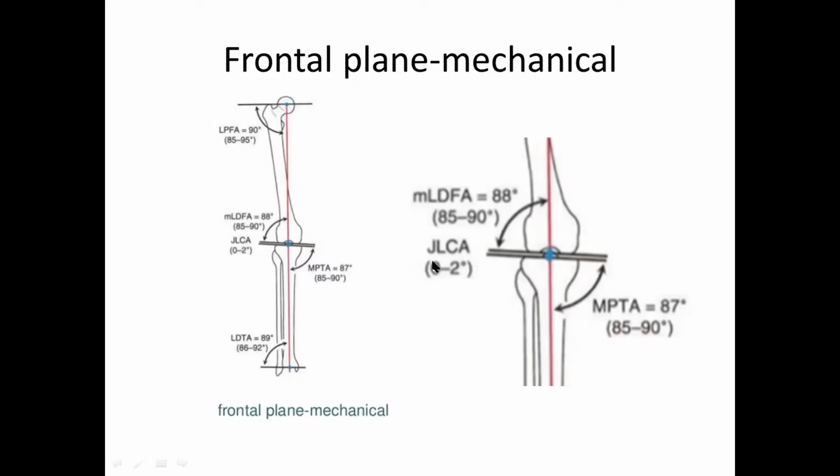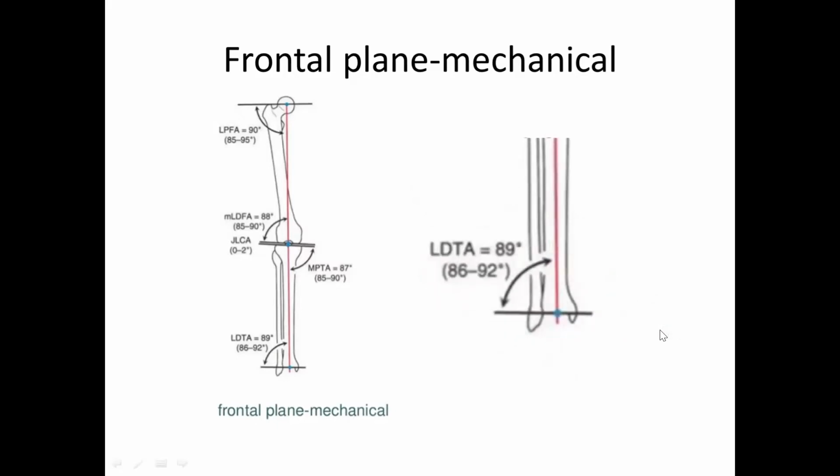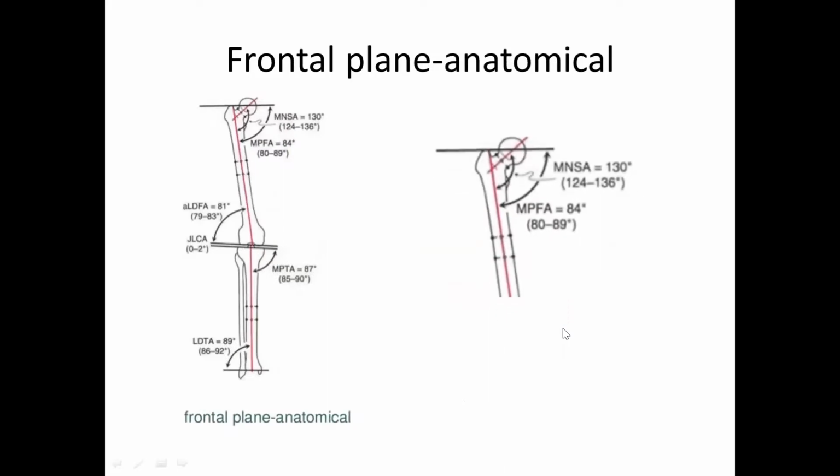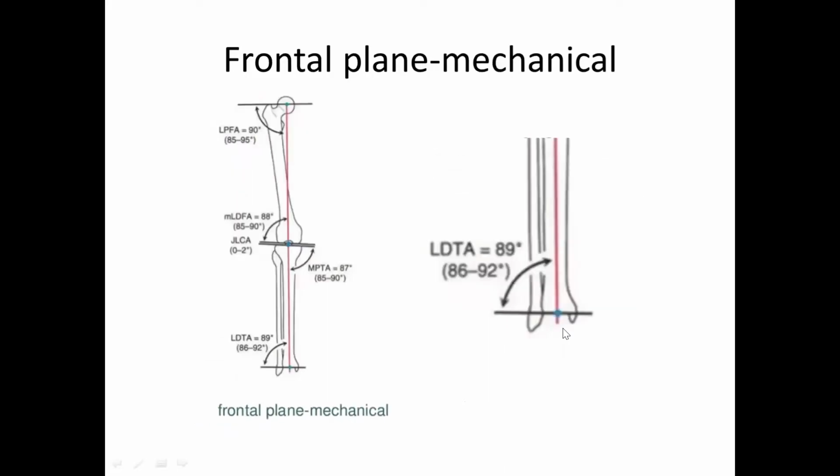It varies a little bit because of this joint line congruence angle. Now we go further. In the distal part, now LDTA, what is this? Again, very simple, lateral distal tibial angle. It is around 89 degrees.